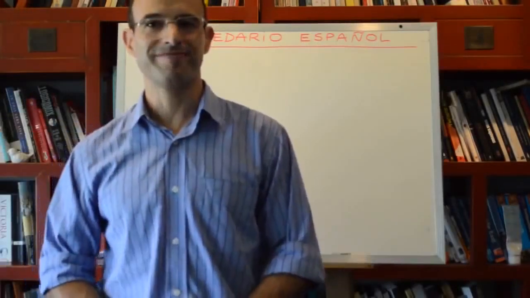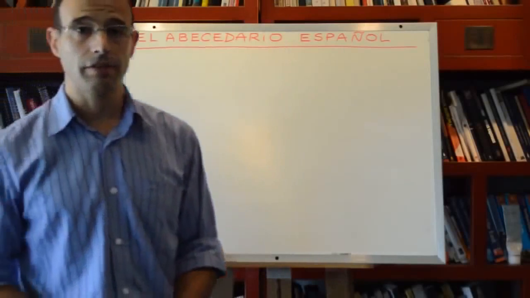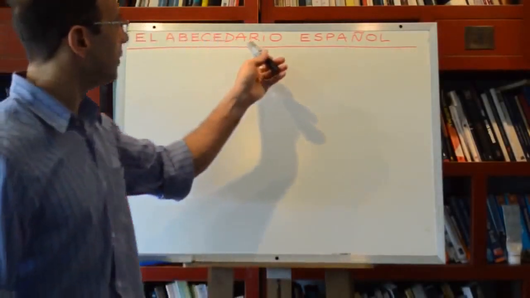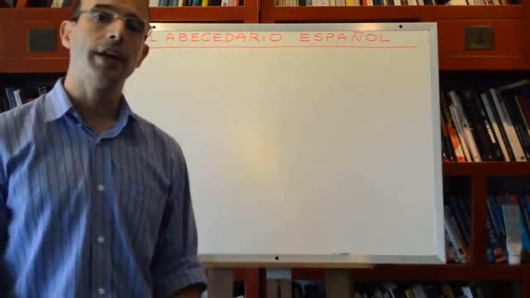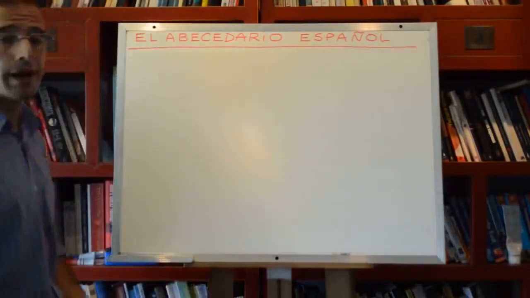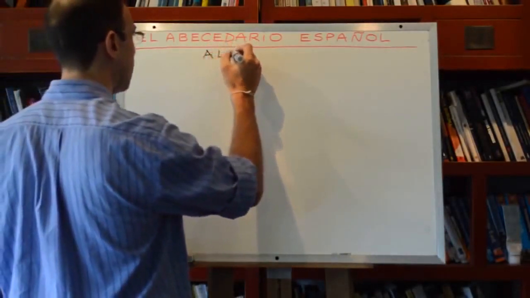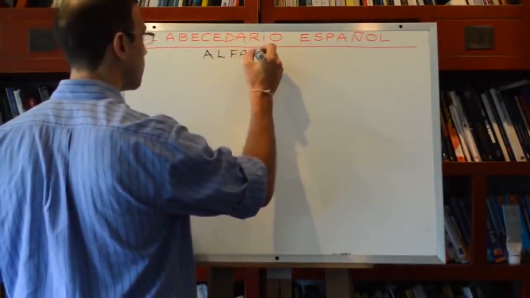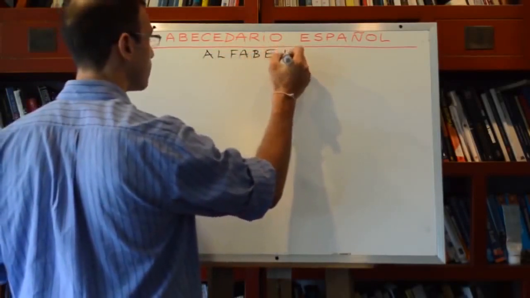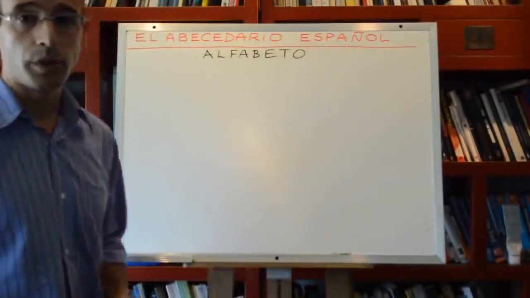Hi and welcome back. Let's continue reviewing the Spanish alphabet, okay? El abecedario español. This means the Spanish alphabet. There's another word for abecedario, which is alfabeto, okay? Alfabeto is also a masculine word in Spanish.